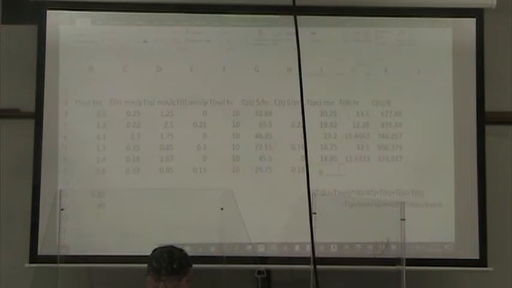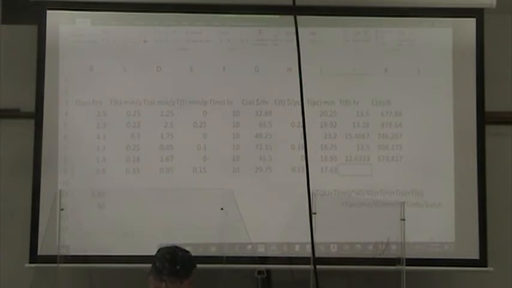Okay, equals left parenthesis, time of setup plus time of non-operation, times 60 divided by batch size, plus time of handling plus time of operation plus time of changing tools.